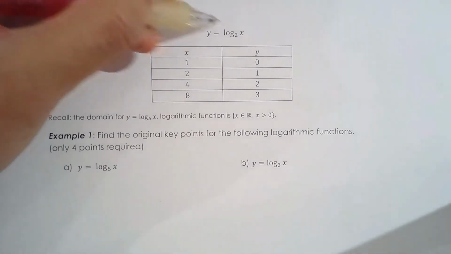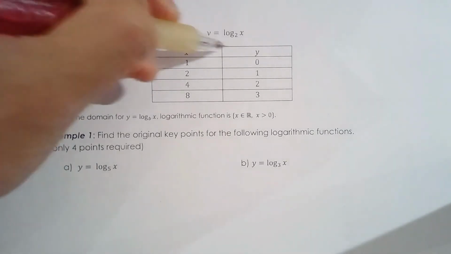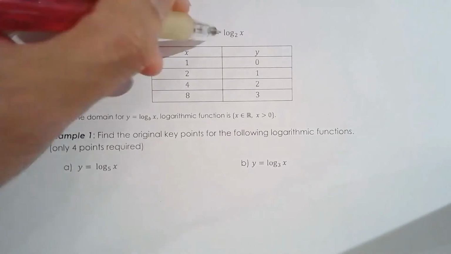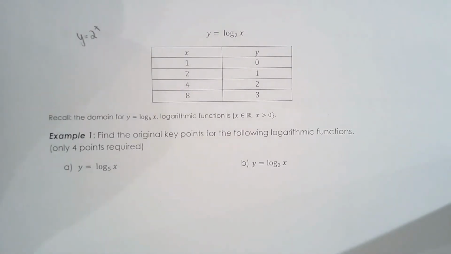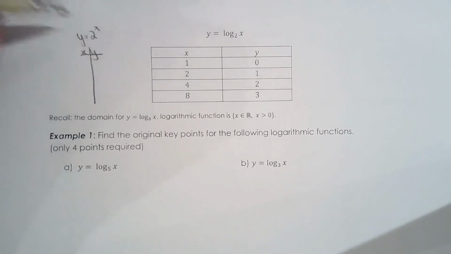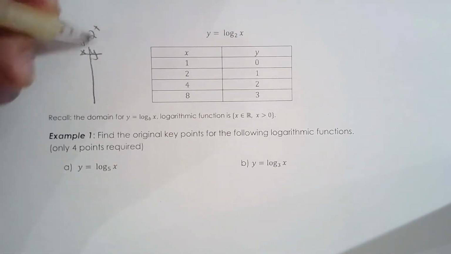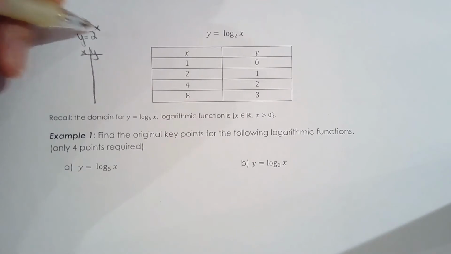Because the inverse of a logarithmic function is an exponential function. So hopefully you can envision the inverse of this logarithmic function, and you should get y equals 2 to the x. If you think of y equals 2 to the x, you're really good at powers. So you should be able to come up with the table for y equals 2 to the x.